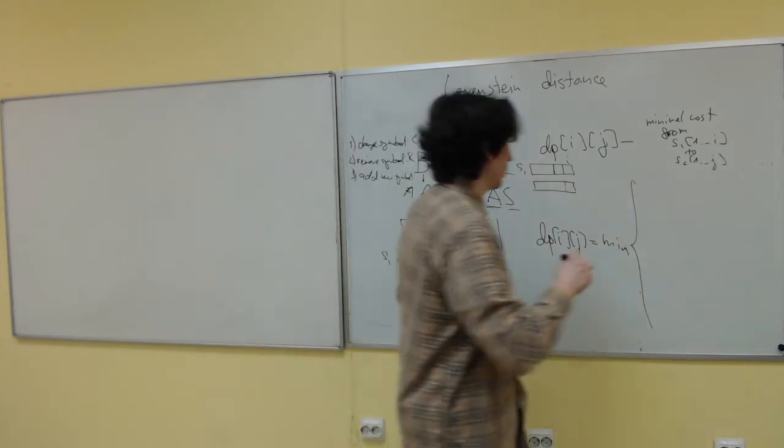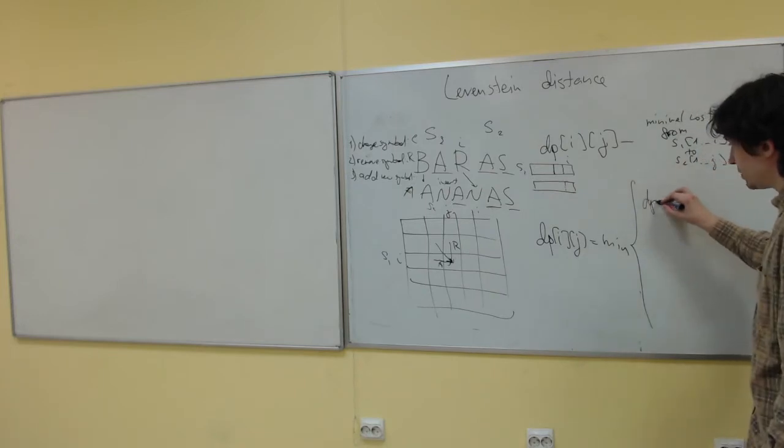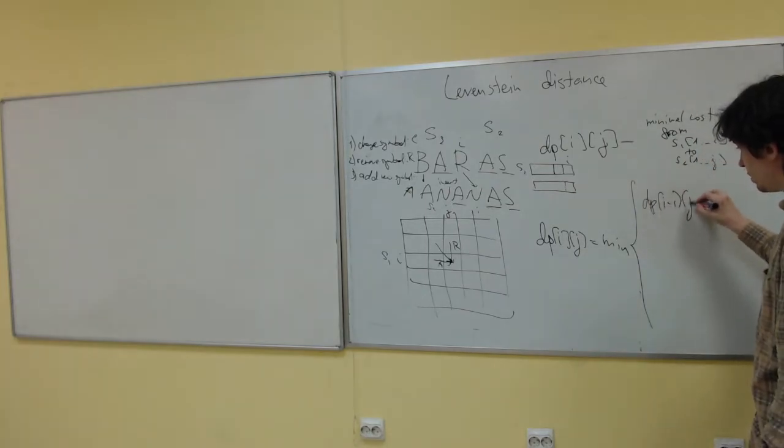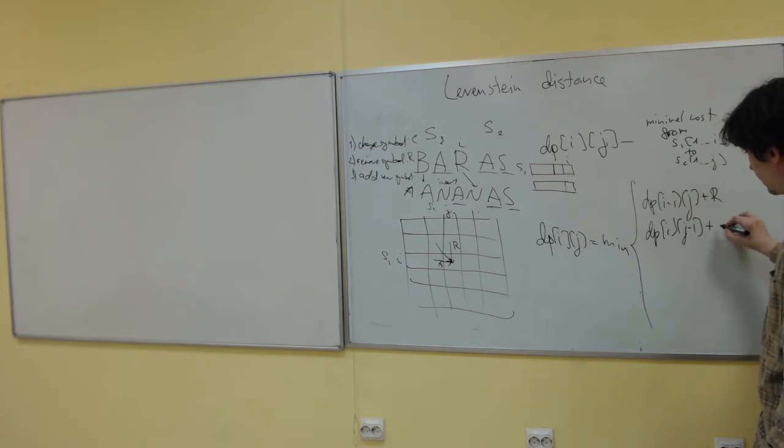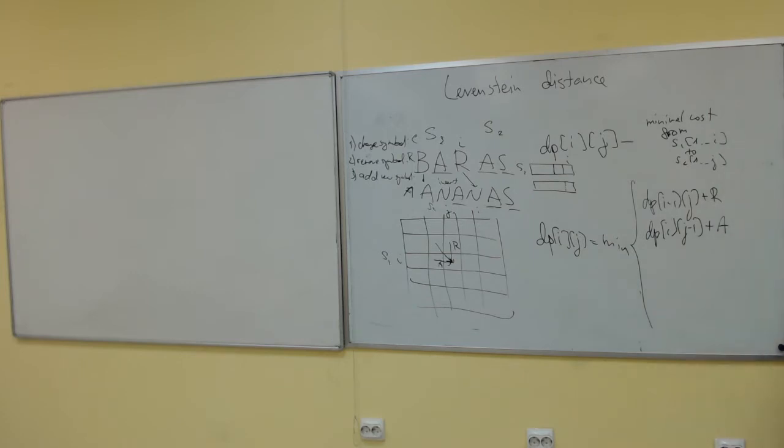So let us write. We want to calculate dp as the min of dp[i-1][j] plus r, dp[i][j-1] plus a, and what with the last condition? Well, I guess the only option left is changing the symbol, but sometimes you do not have to pay at all, if they are equal.